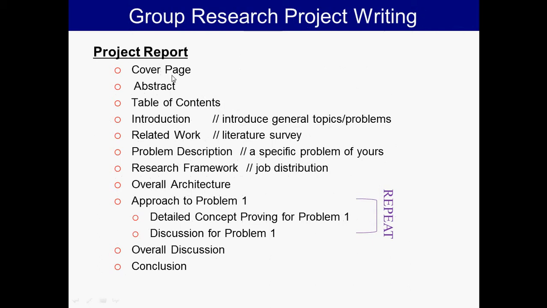These reports follow a very similar structure, but the difference here is that you need to make an overall architecture of your group research, and then each group member or each topic needs to be elaborated here in this way. What is the problem? What is that small problem? What is the approach? How do you resolve that, or how do you improve it, and so on. All right. This is it for the basic idea.